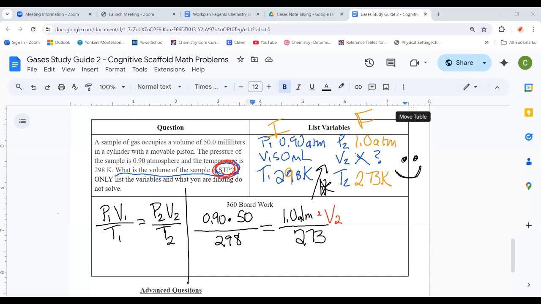All right, so I'm going to first multiply this part. So I've got 0.90 times 50 is 45 over 298. So I'm just going to replace that with 45. Okay, so that when I start cross multiplying, this all makes sense.